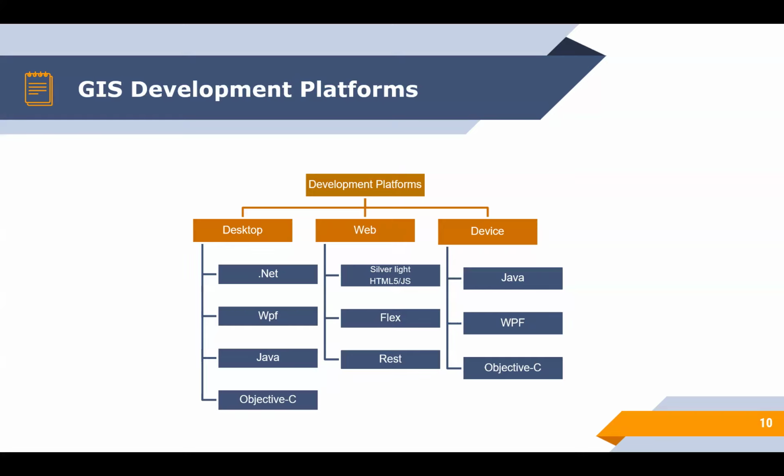Either you can choose desktop based development, web based development, or device based development. All three types of development use different languages and different technology, so we have to choose which technology or platform is good for us.